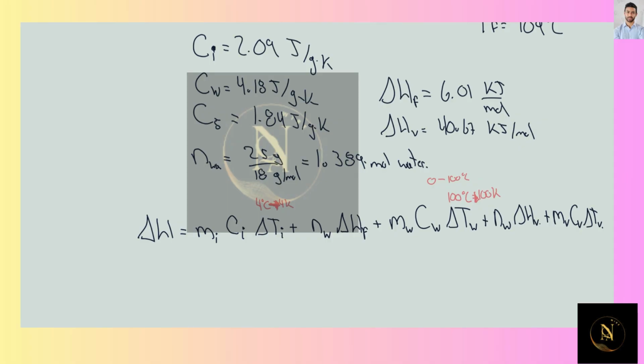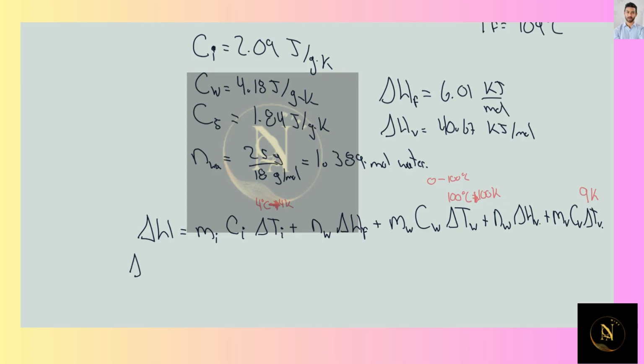And finally, for the vapor, we know that we're going to begin at 100 degrees Celsius and we're going to end up at 109 degrees Celsius. So the change of temperature is going to be equal to 9 Kelvin or 9 degrees Celsius. Again, both are correct since we have changes of temperature. So now the only thing that we need to do is to replace the values.